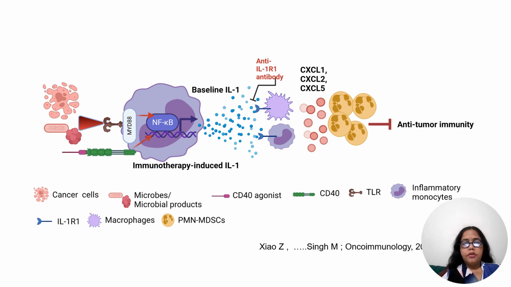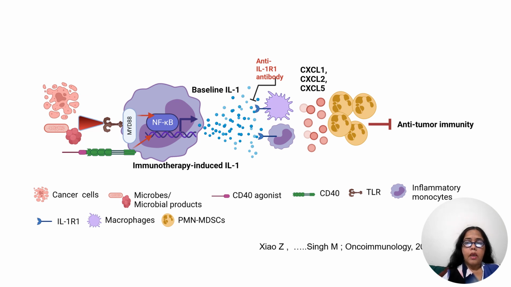So here I try to summarize the anti-tumor immunity part. Activation of the NF-kappa B pathway through CD40 agonists induces immunotherapy-driven IL-1 production by inflammatory monocytes.